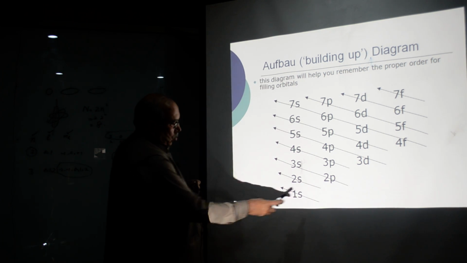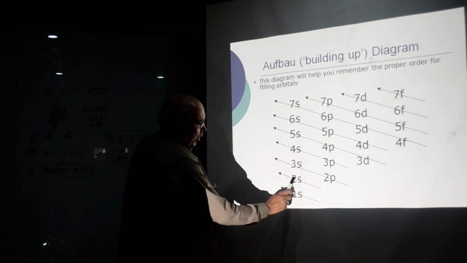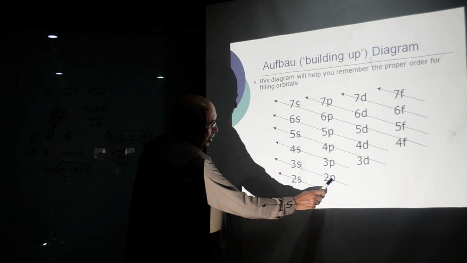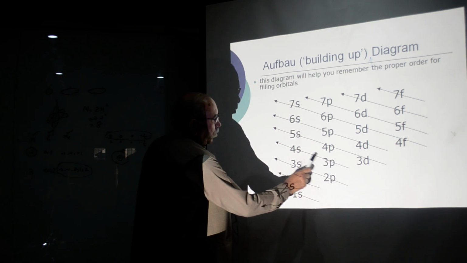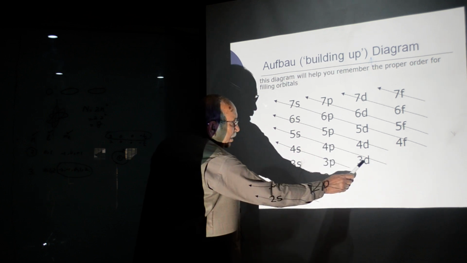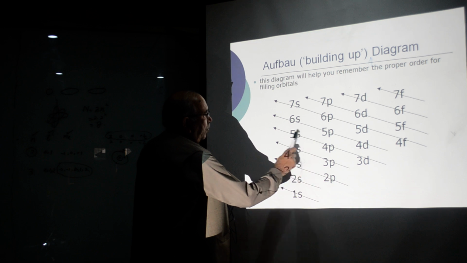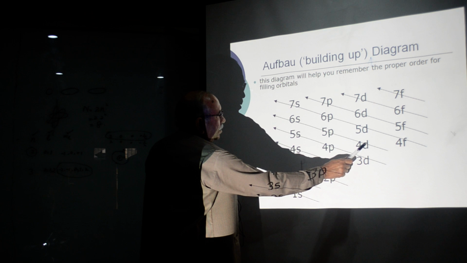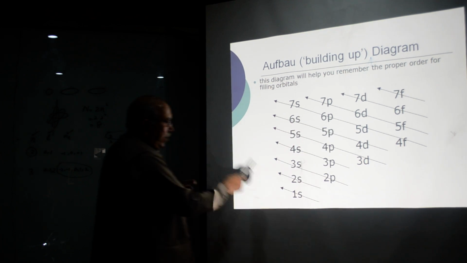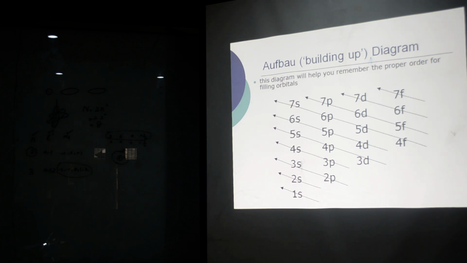And then I draw arrows. First 1s2 will be filled, then 2s2, then 2p6, 3s2, then 3p6, 4s2, and then 3d10, 4p6, and 5s2, and similarly the rest. So in this way we can write the energy configuration or electronic configuration of an element.